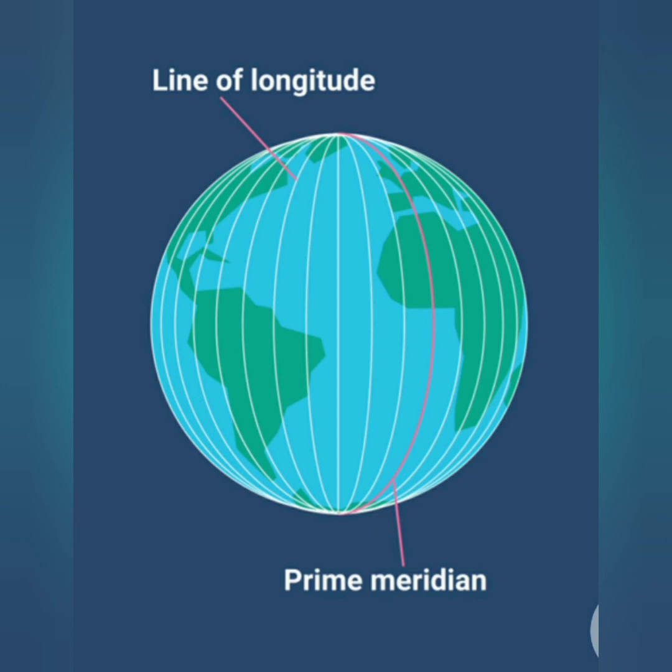You can see they are in semicircle shape, and meridians are also imaginary lines, not available on the earth. They are numbered from 0 degree to 180 degree.